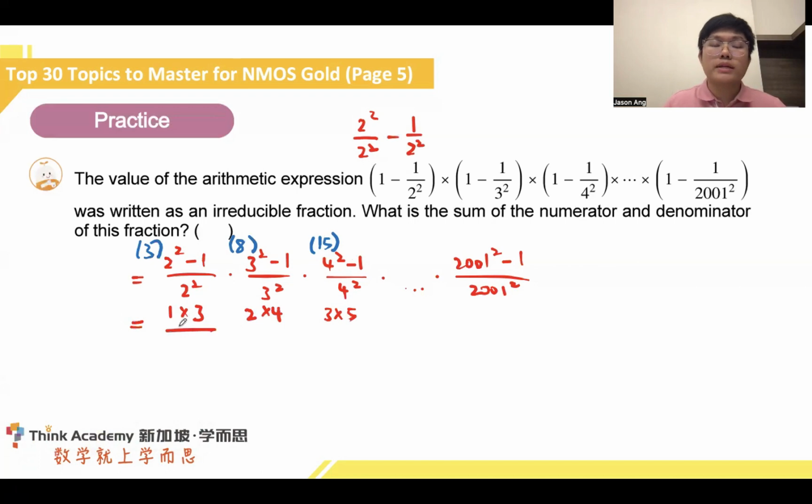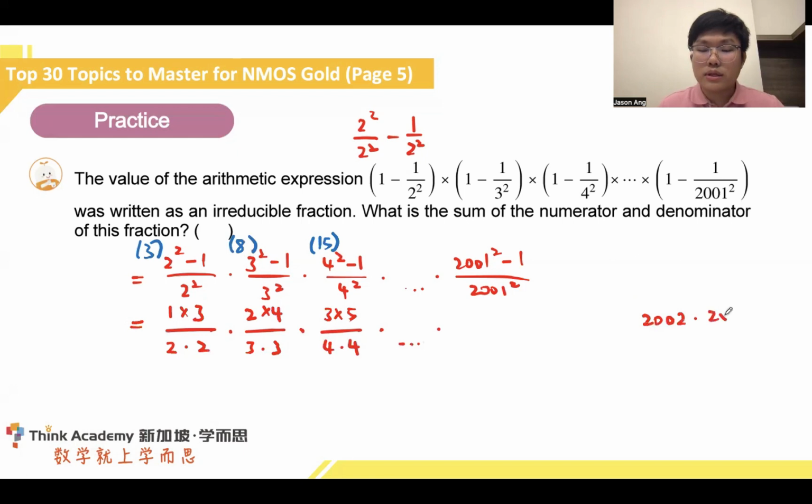And our denominator, now I'm going to rewrite it in this manner: 2 times 2, 3 times 3, 4 times 4, so on and so forth. If we continue on, I'm going to bring in a few more of the patterns at the back, so it's easier for us to observe in a little bit. Our final term is going to give us 2002 times 2000 over 2001 times 2001.